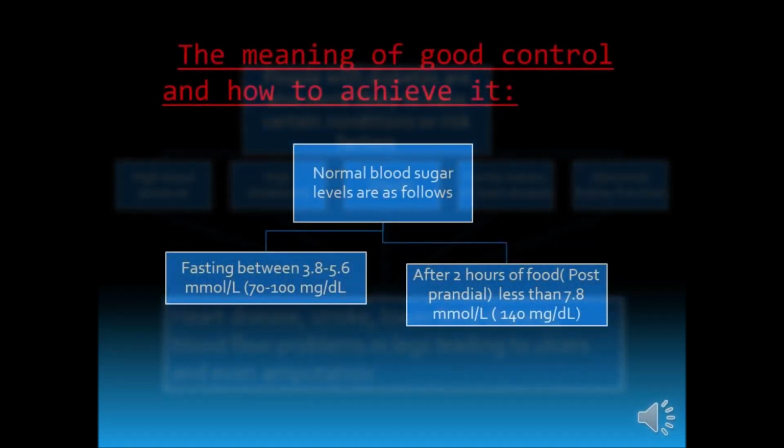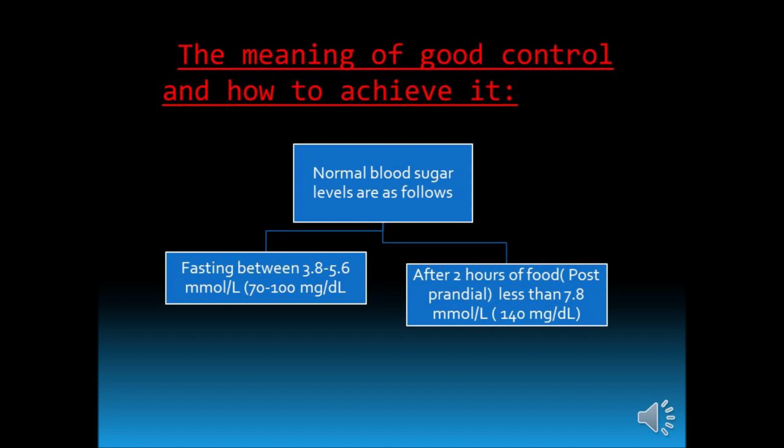We all know that good blood sugar control is very, very important to prevent complications. But what do you really mean by good sugar control and how do we achieve it? Well, normal blood sugar levels are as follows.